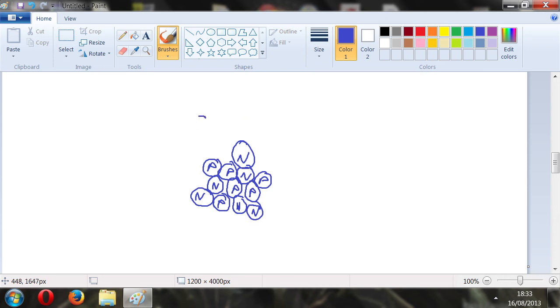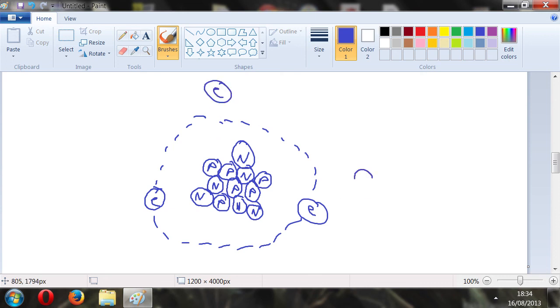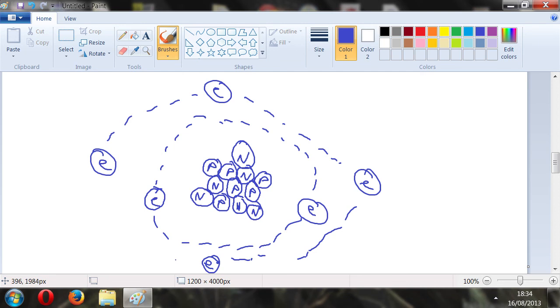Then we've got the electrons. We're going to have 2 here. And then I'll do something like this. This is supposed to be a bit rounder than it is, but it's alright. So we've got carbon.